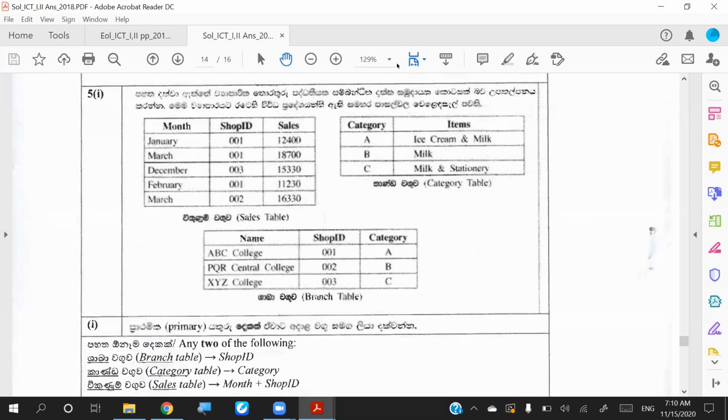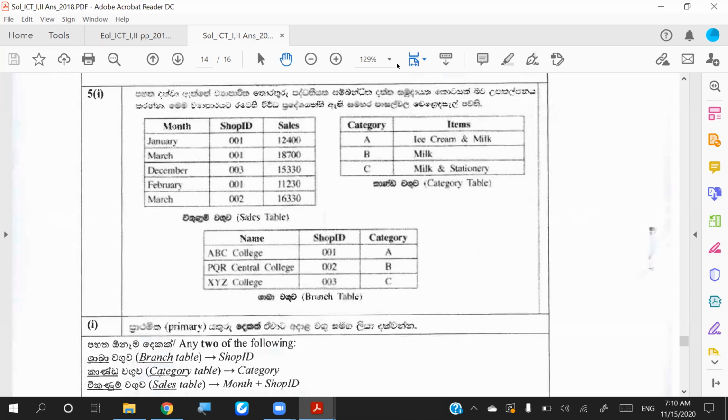So we can't take any of the columns, even though sales may have unique values. We are not taking sales names or descriptions as primary keys, because it is very possible to have duplicate values in such columns.